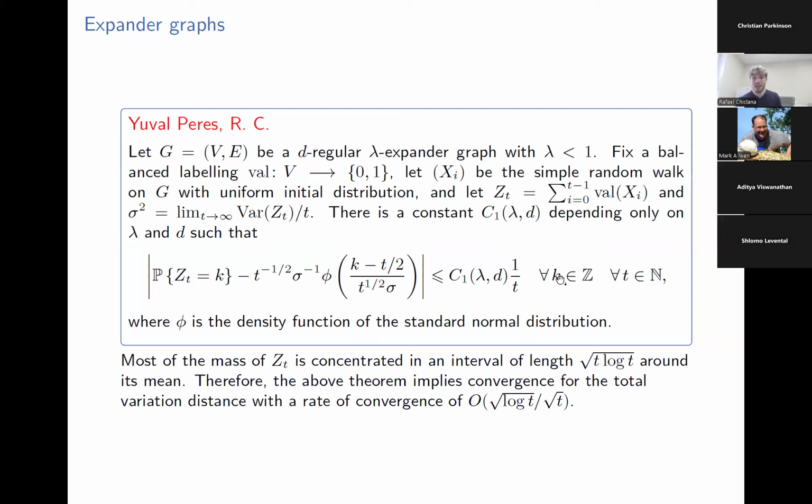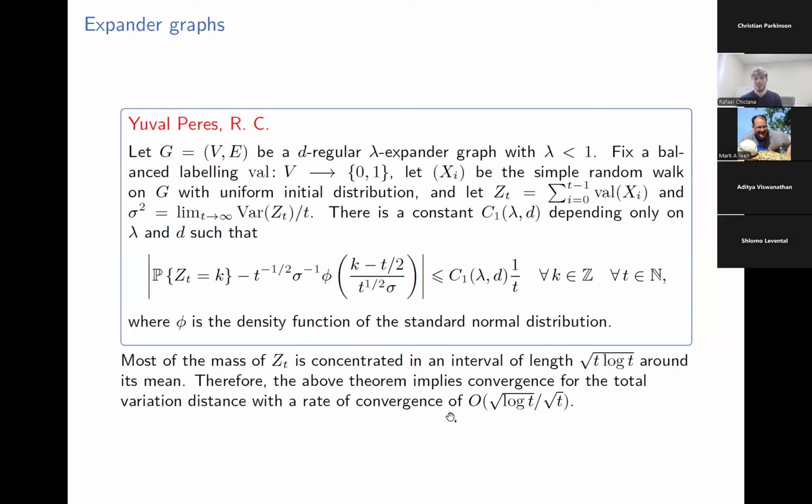But since the error we get is better than the local central limit theorem, the classical one, although the interval is slightly bigger, it's still okay because you have to add square root of t times logarithm of t values, or errors, but each error is of the order 1/t.